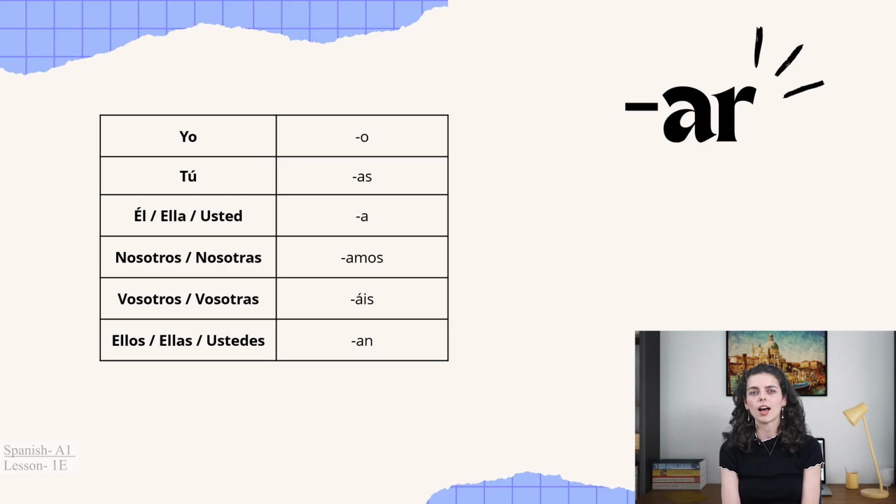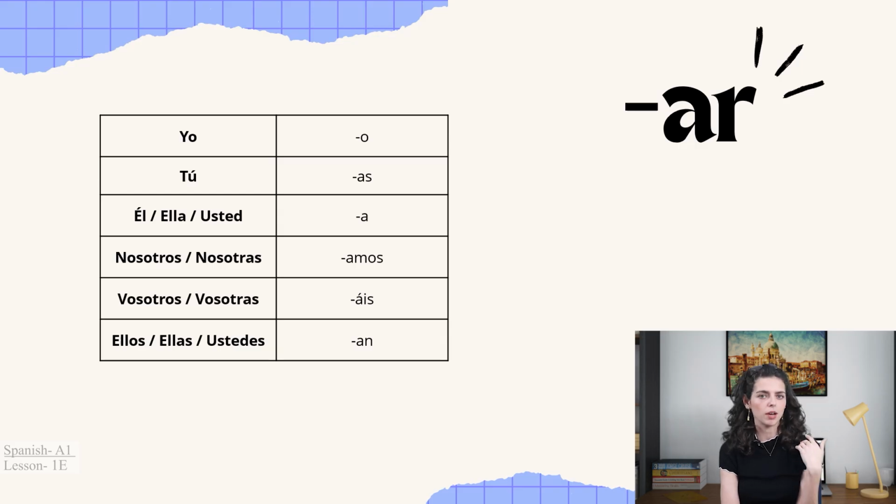In this lesson, we will be focusing on the first group, that is AR. Now take a look at the chart. Every verb in this group will have these terminations, and this will stay the same with every verb that ends in AR. So this is an easy thing for you to remember. We use the termination based on the subject of the action.